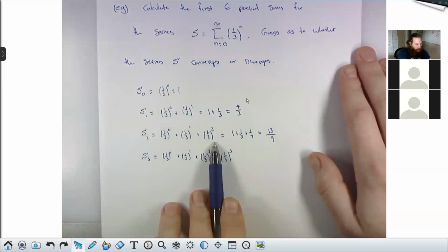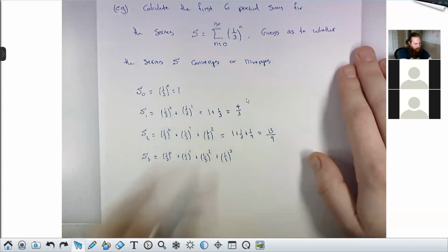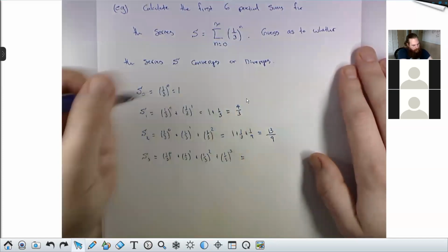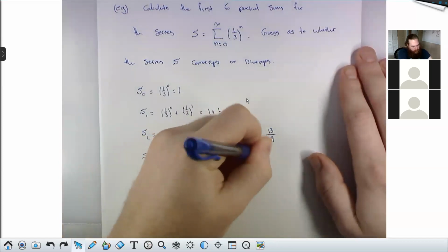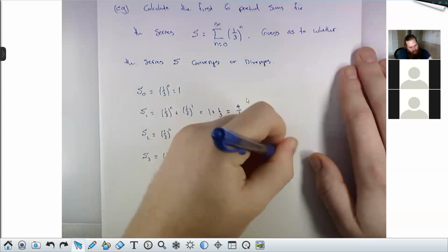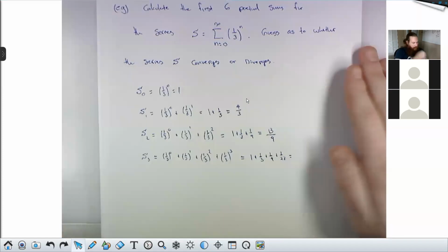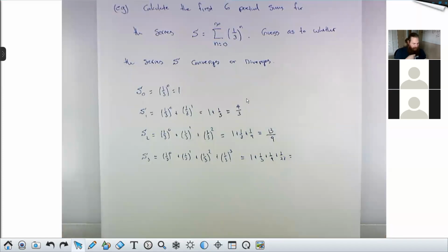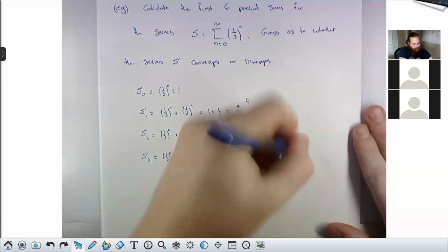S_2 stops at 1/3 to the 2. S_3 stops at 1/3 to the 3. So what is this? This is 1 plus 1/3 plus 1/9 plus 1/27, right? So this piece I know is 13/9 plus 1/27. I would multiply by 3/3 again, so that would be 39/27 plus 1/27, 40/27.